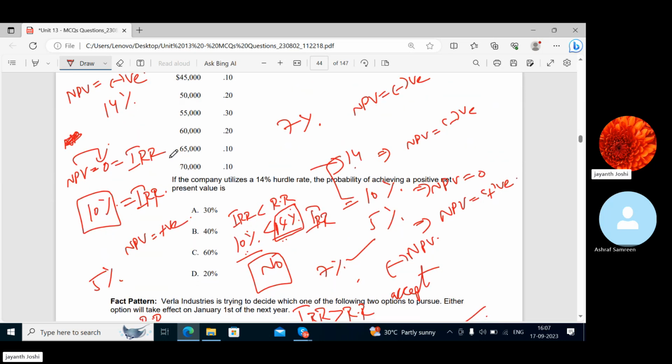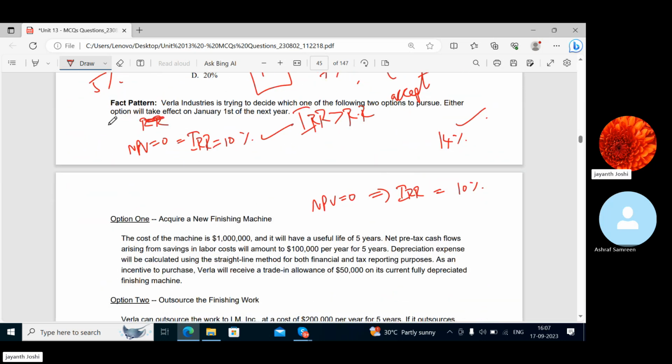NPV is always negative if you discount your cash flows above your IRR, that is at 14%. NPV will be positive if you discount the cash flows at a lower rate, let's say 5%.